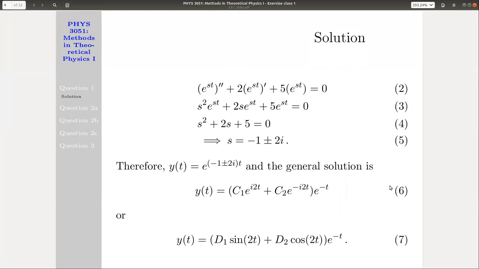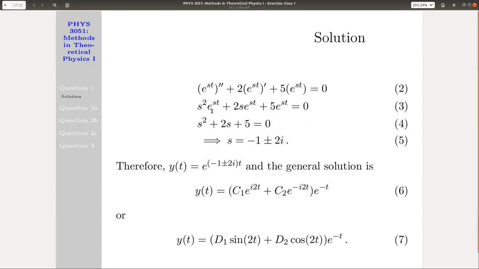After plugging the trial solution into the differential equation, you just do the derivatives.